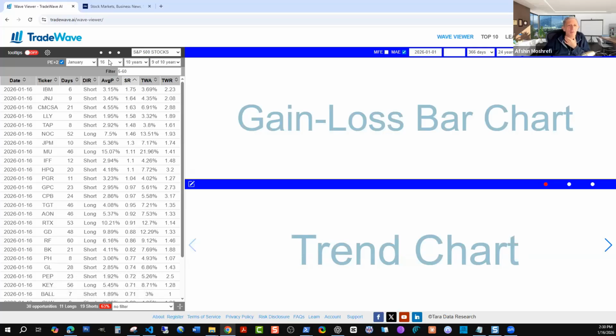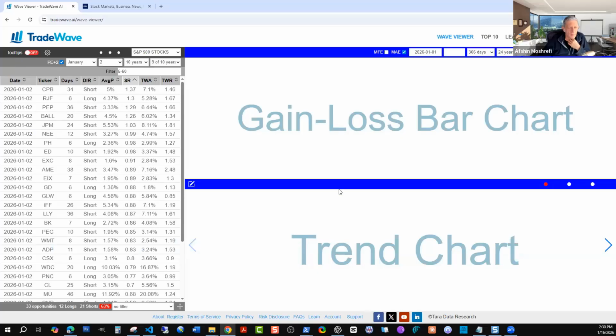What if I look at it since the beginning of the year, basically for the first 2 months, from the beginning of the year till pretty much the end of February? So I'm just going to say second. Look at that. It found 33 opportunities, 12 longs, 21 shorts, 63% short.